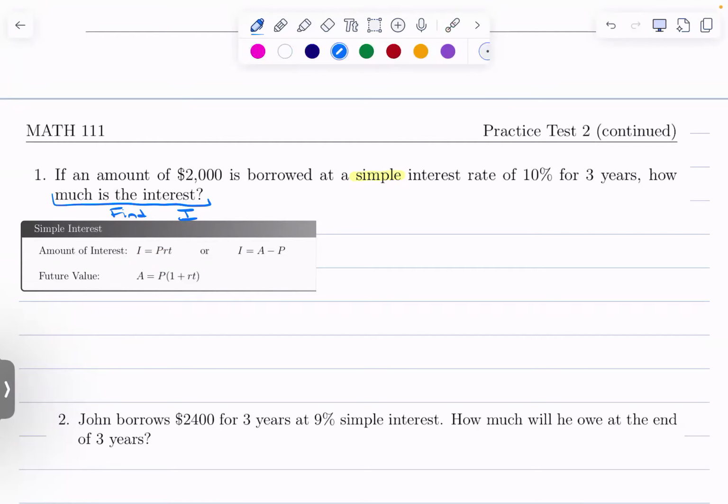Which means that I need a P, which I have, right? Here's P, and I need an R, which is 0.10, and T is 3 years. T equals 3.